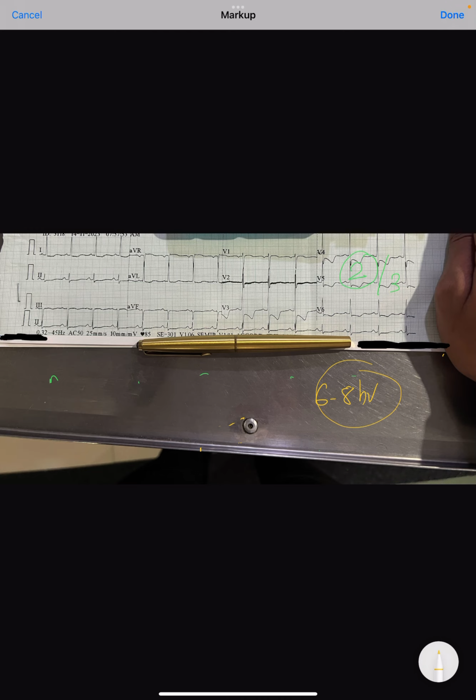If the blood sample shows positive or raised troponin I or troponin T, it means the patient has ACS, that is acute coronary syndrome. Acute coronary syndrome comprises of 3 things. First is ST elevation MI, second is non-ST elevation MI, and third thing is unstable angina.